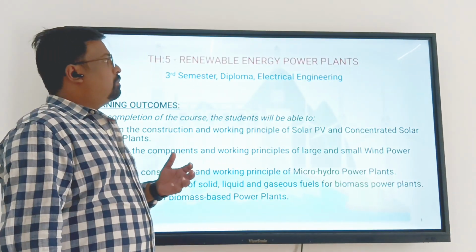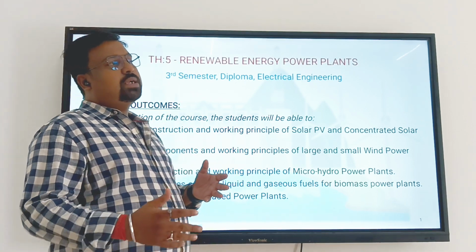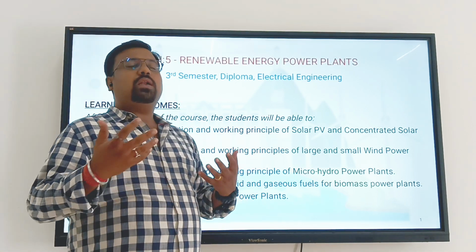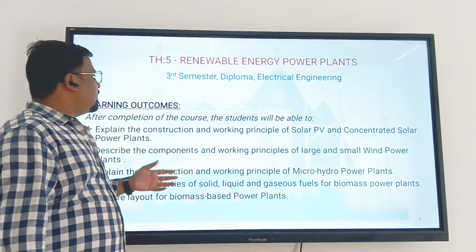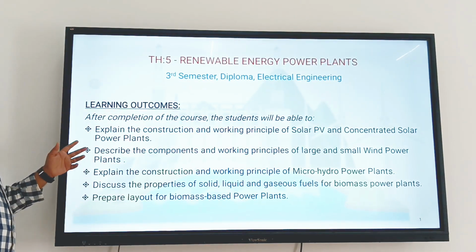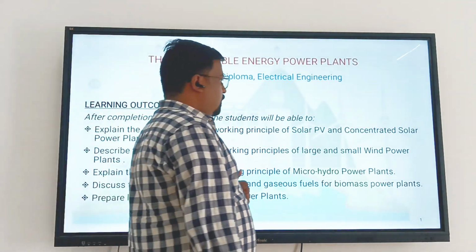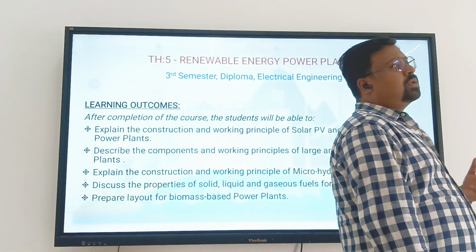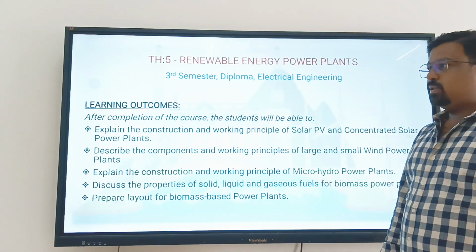By the end of this course, what the learners are expected to learn can be summarized in these 4 to 5 points that we call learning outcomes. What are the learning outcomes of this course, renewable energy power plants?